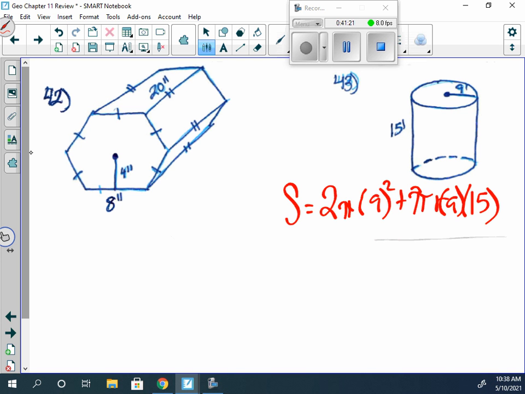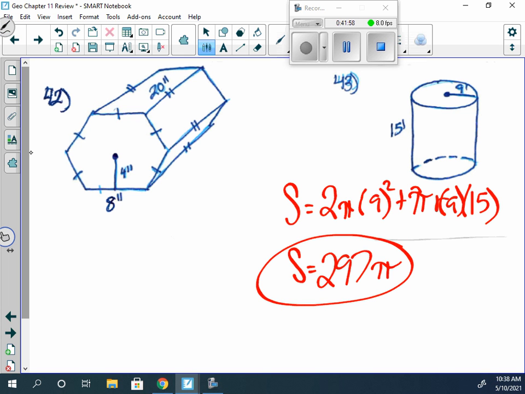So it wouldn't be L, it'd be just H, because L is denoted as the slant height. Any questions on 43?